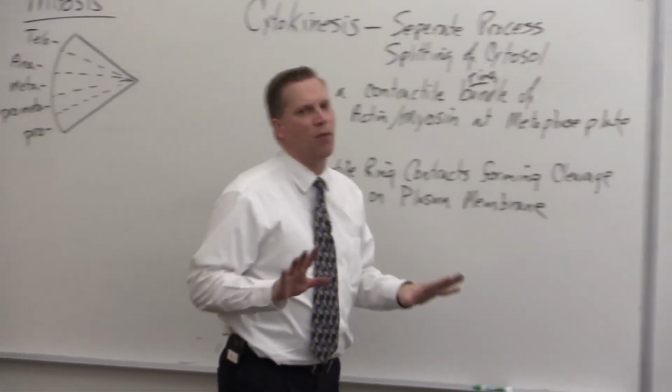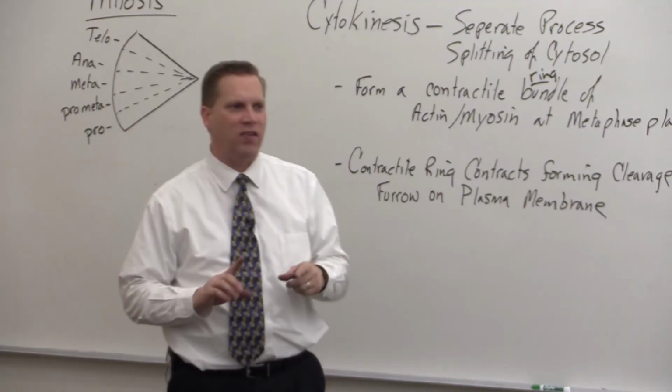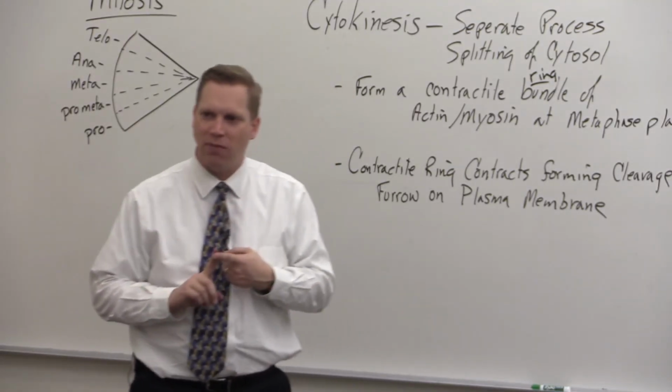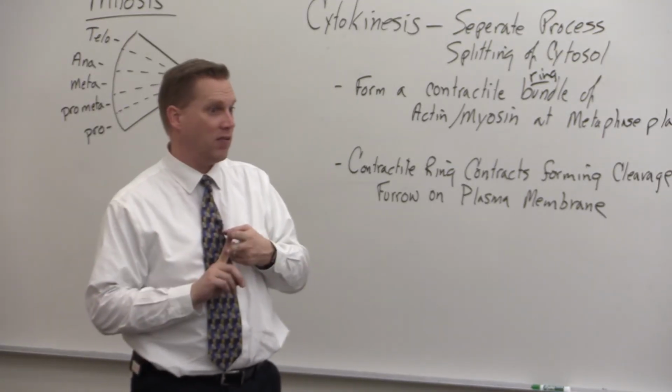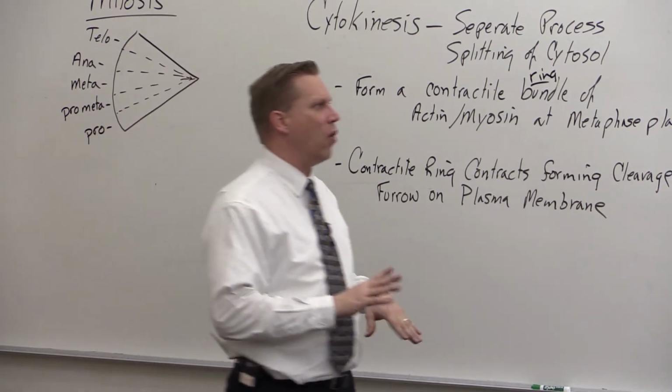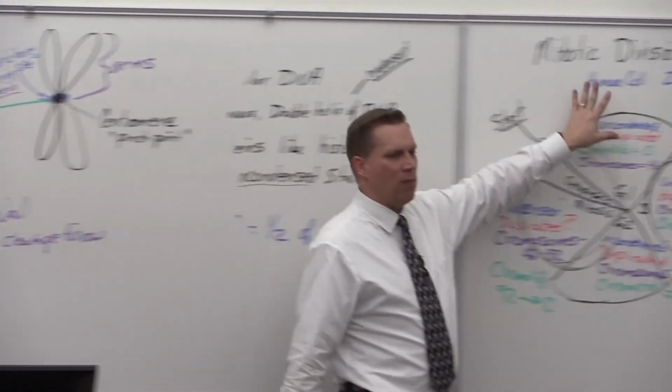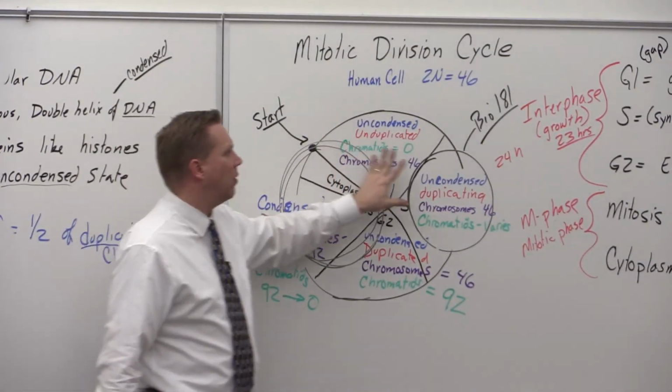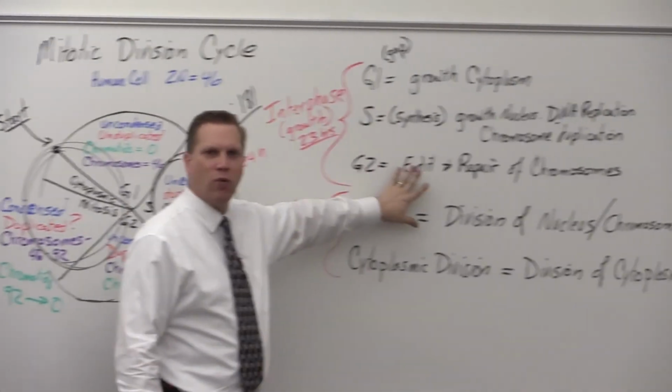So just to summarize a few things, when we started out this lesson, we were talking about the different types of cell division, meiotic and mitotic cell division. Then we focused on the mitotic division cycle. We went through the different major phases of that cycle and talked about what's happening in each one.